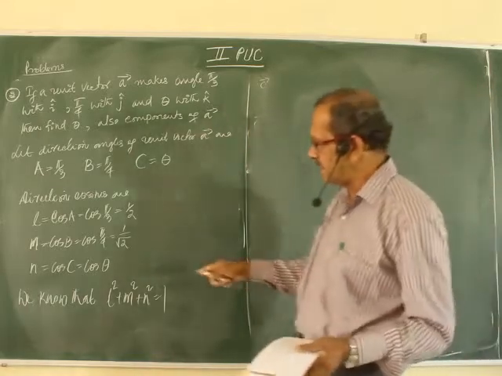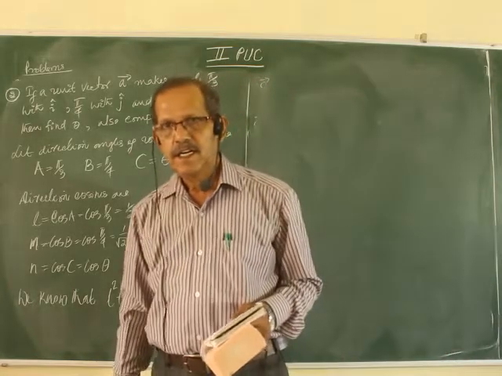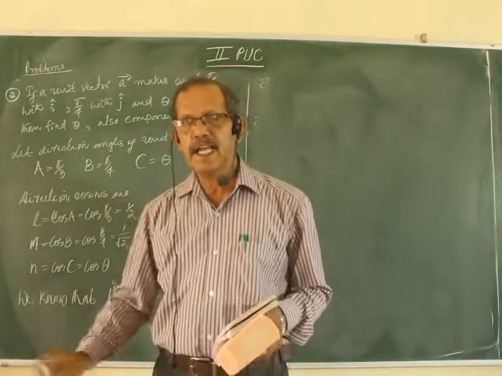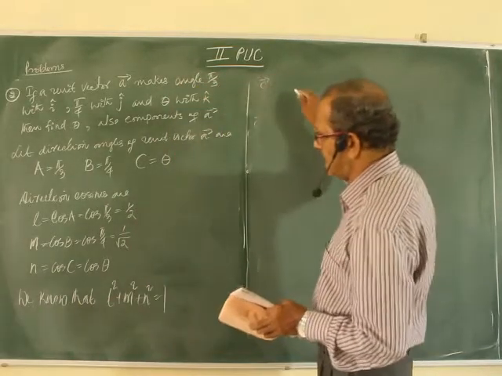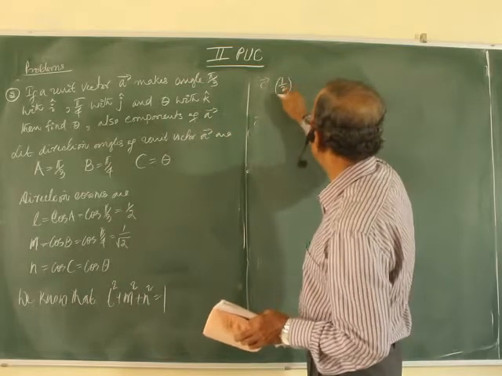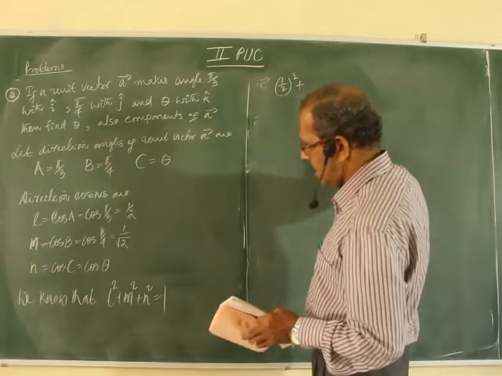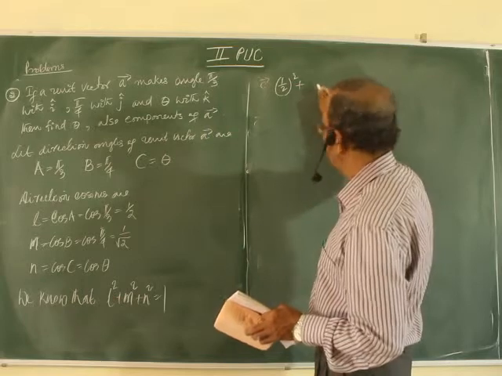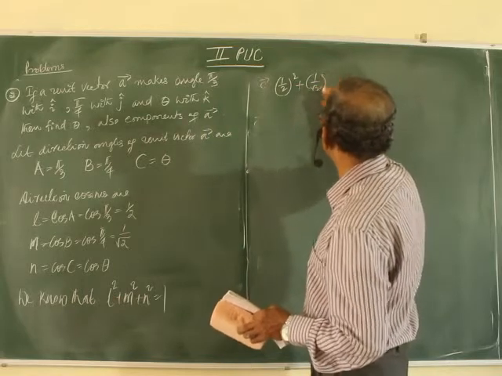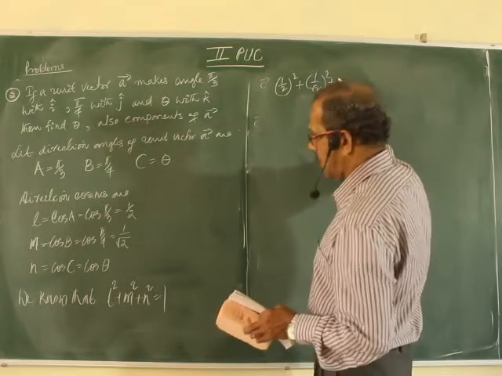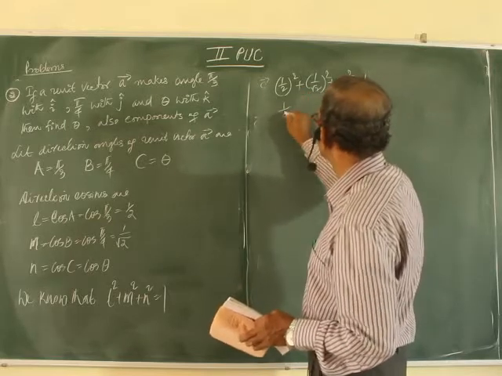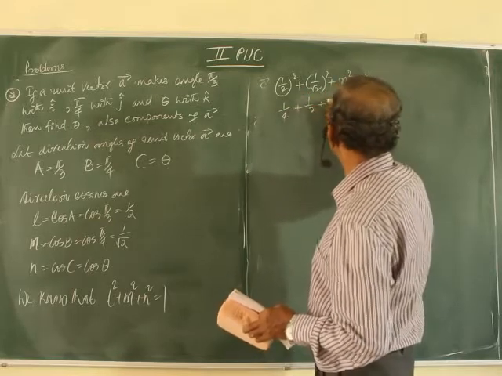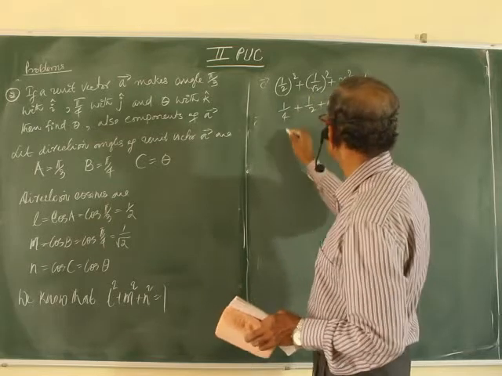In the beginning itself we have written this, where you find direction angle, direction cosine, everything. Anyway, L square, 1 by 2 square. M square, 1 by root 2 whole square. N not given. 1 by 4, 1 by 2, N square, 1.